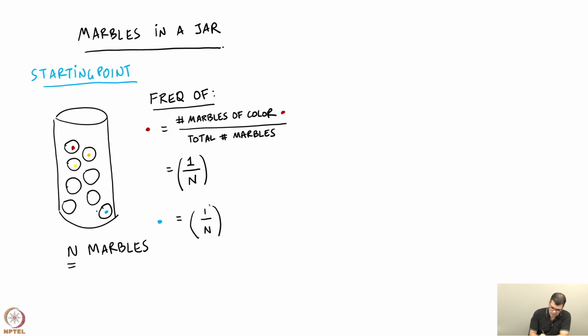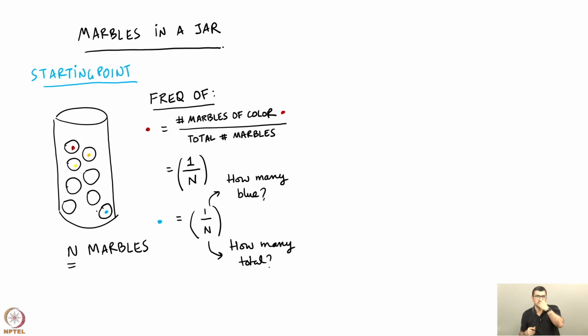This is how many blue marbles there are, and this is how many total marbles there are. That defines the frequency of a particular type of marble. This is the starting point.